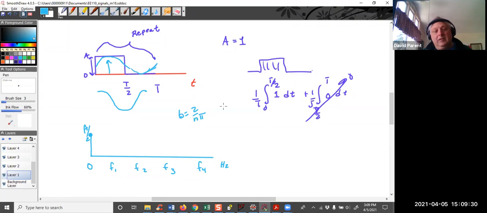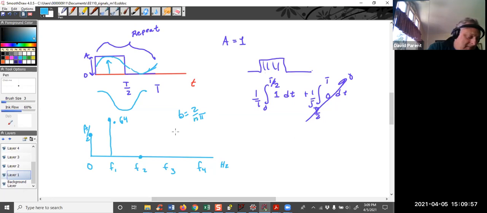So when n equals 1, I have 2 divided by 1 divided by pi. And so I get a value, let's just call it 0.64. F2 is 0, that we stated before.